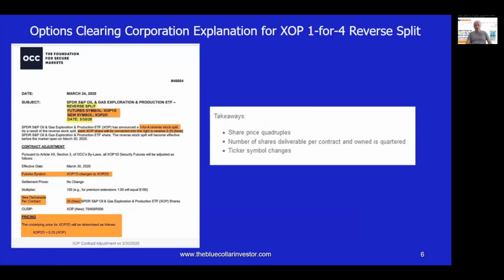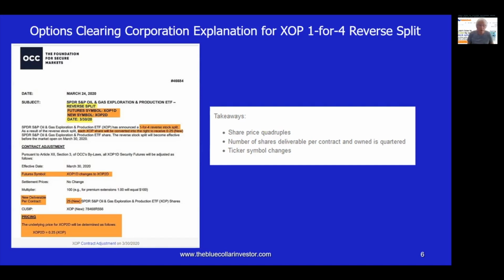Now, when the Options Clearing Corporation, or OCC, published this change, I actually have a screenshot of that now for those watching this podcast. You could see the following. The price of the shares quadrupled. The number of shares deliverable from these options contract is quartered. So options buyers and sellers of calls and puts do remain whole.